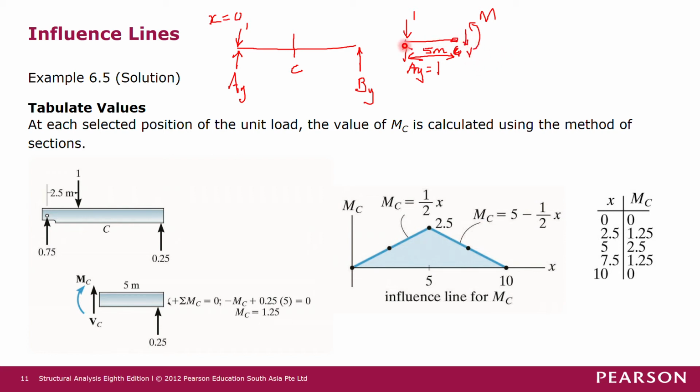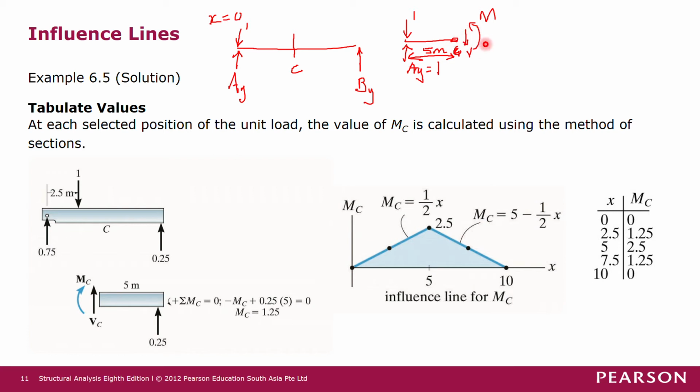In this case, if the 1 unit force is here, then AY equals 1. If we sum moment here, we have 1 times 5 minus AY times 5 equals 0. AY is 1, so we get M equals 0.